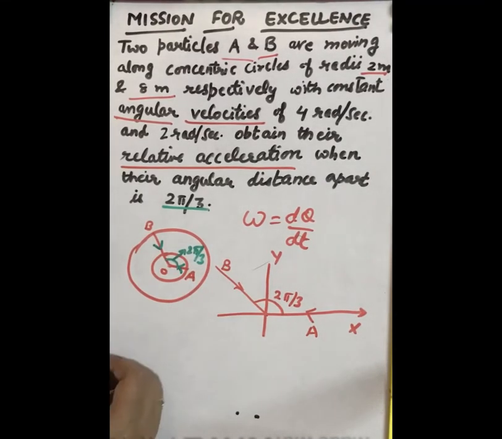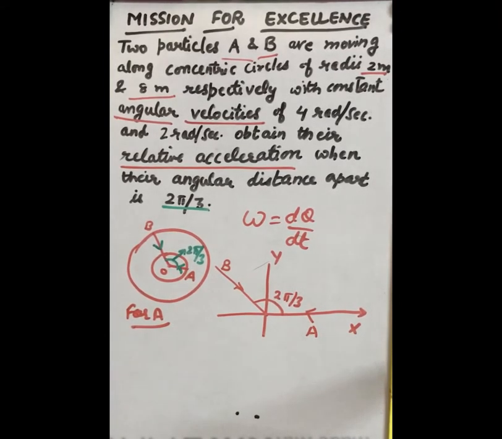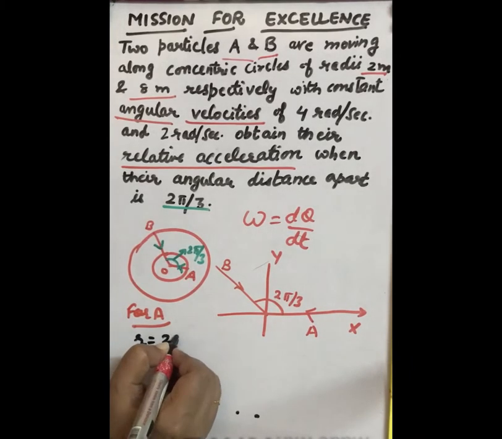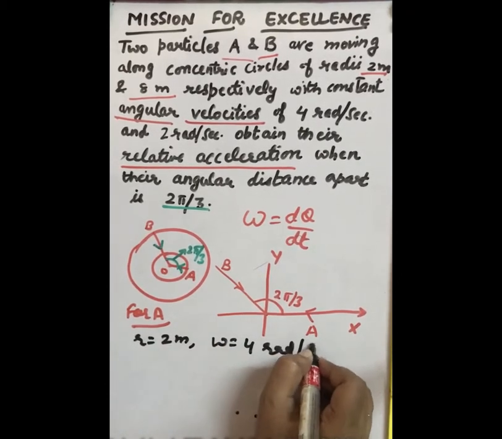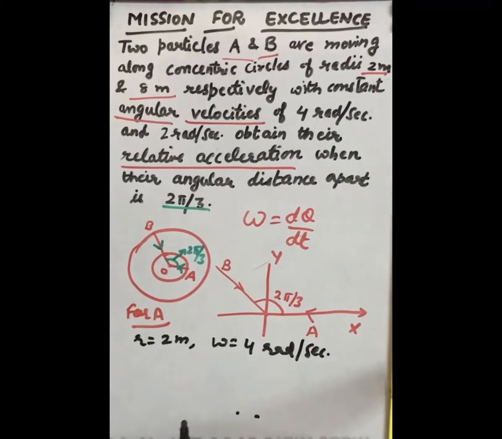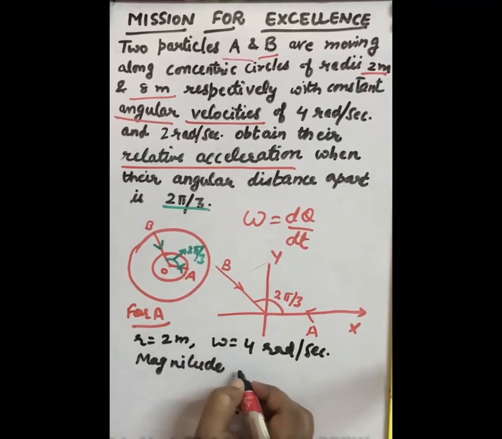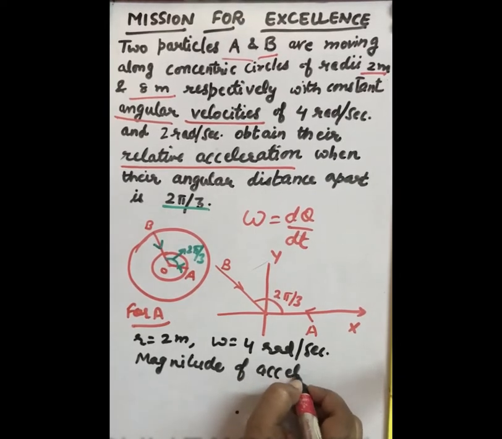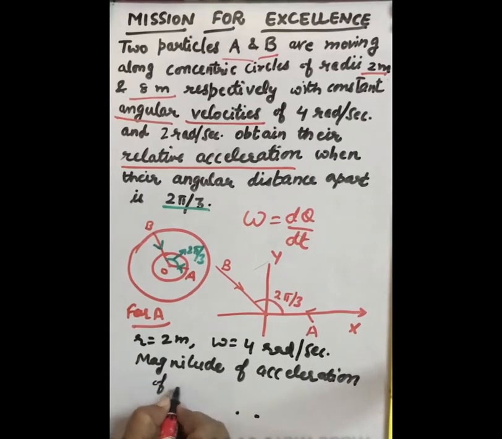So now let us take A. For A, radius is 2 meter and angular velocity is 4 radian per second. So now the magnitude of acceleration of A is r omega square.